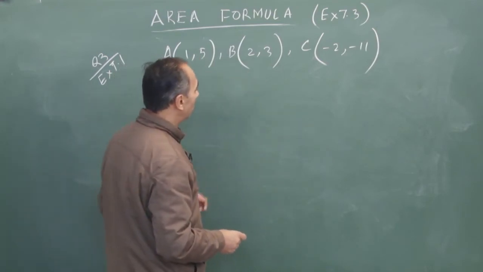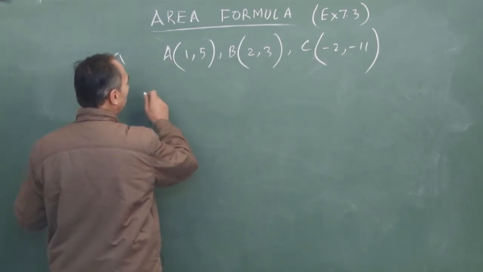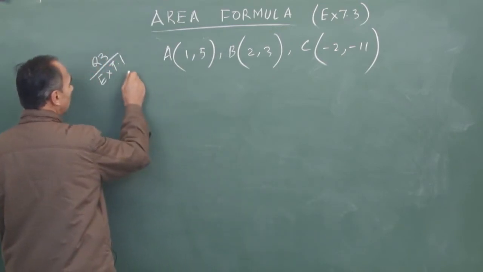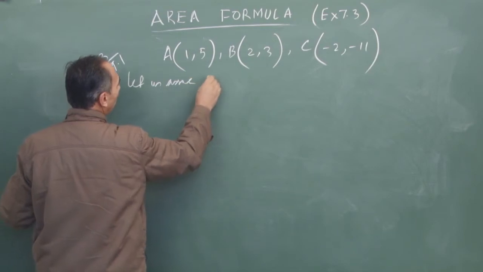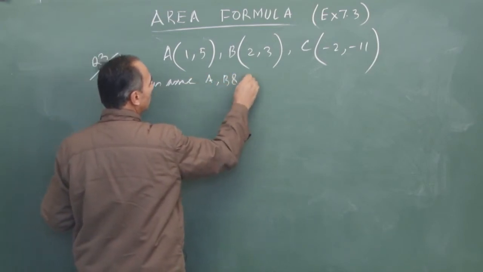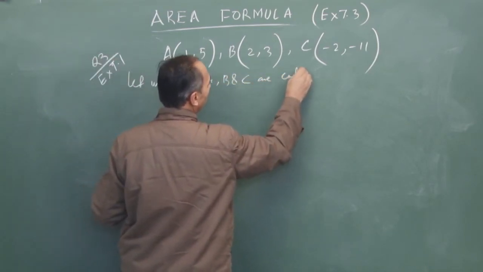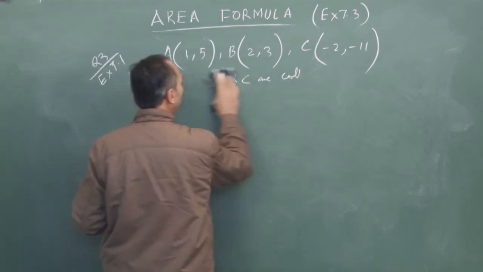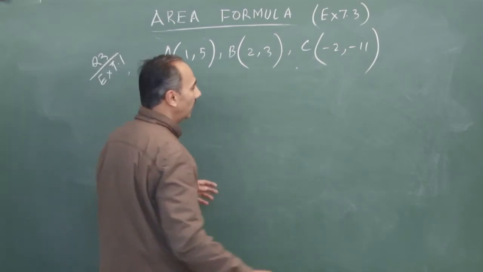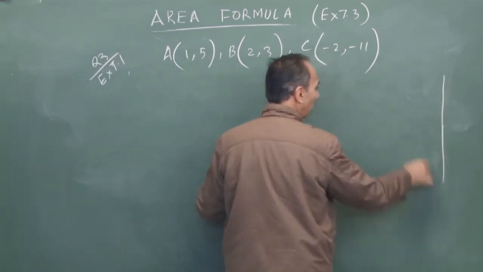Now these 3 points are there. So we have to check if they are collinear. We say let us assume A, B, and C are collinear. No, we won't assume. Why should we assume? We'll first find the area. Let's find the area and find out. So apply the area formula, column method.